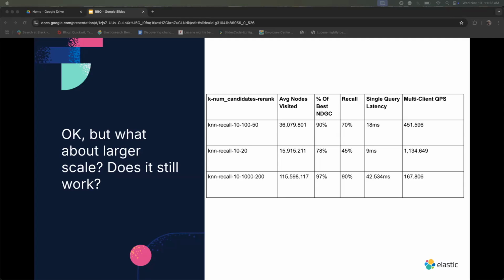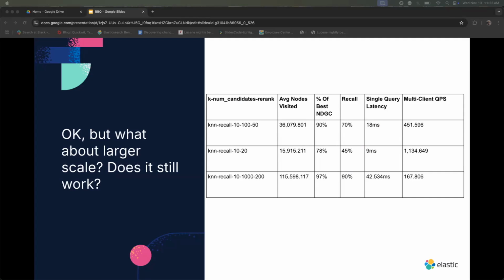And so here, this chart is the K that I'm searching for, the number of candidates I used to search for HNSW, and the re-rank that I used globally. So this wasn't per shard, it was a global re-rank. And we're doing some more benchmarking that sort of shows that maybe local re-rank's better, but we'll see about that in the future. So here you can see the importance of re-ranking.